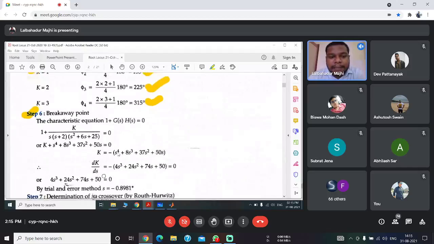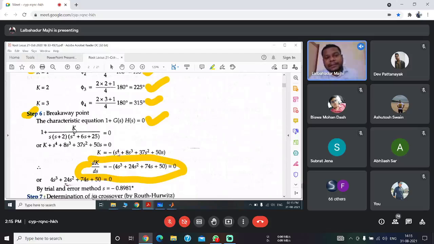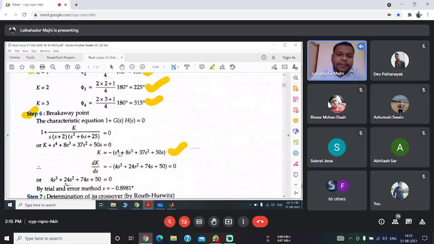The breakaway point is calculated by the formula dk by ds equal to 0. For that, we can find the value of k from the characteristic equation: 1 plus K by s into (s plus 2) into (s square plus 6s plus 25) equal to 0. So we are getting the value of k to be minus s to the power 4 minus 8s cube minus 37s square minus 50s.